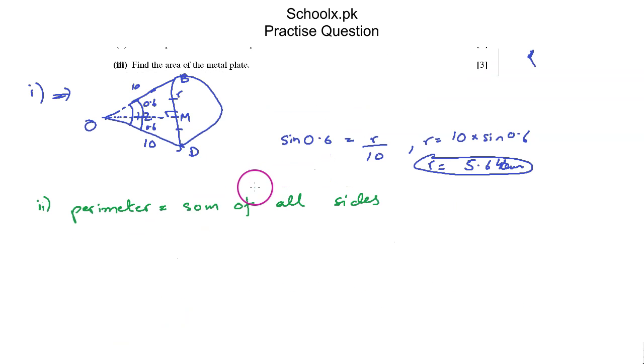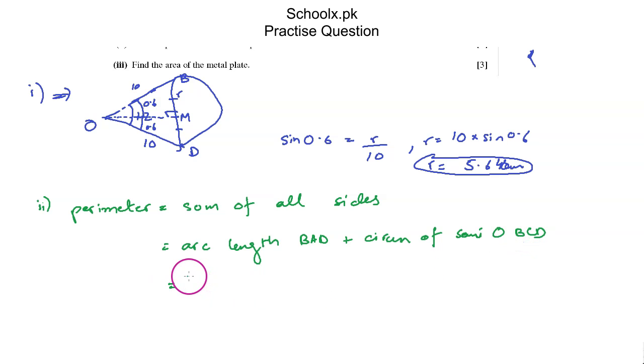So I'll write arc length DAB plus circumference of semicircle BCD. The formula for the arc length, if the angle is in radians, is r theta, plus this will be 2 pi r over 2. This is the circumference of a complete circle, and the circumference of a semicircle is 2 pi r divided by 2.